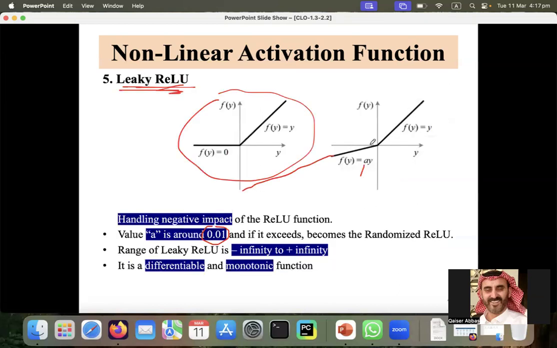So now that disadvantage or issue is removed, and you have this thing which is going from minus infinity to plus infinity, and it is differentiable and also monotonic, because differentiable means when x is changing, y is changing. So this is the definition for the differential. And for monotonic, increasing or decreasing, so that trend is also there. So it has both the properties. And this is called leaky ReLU.